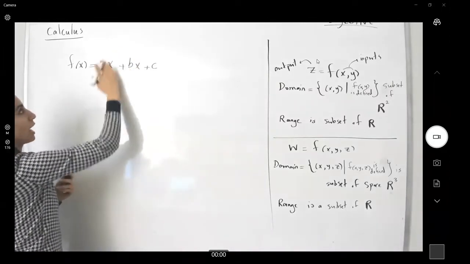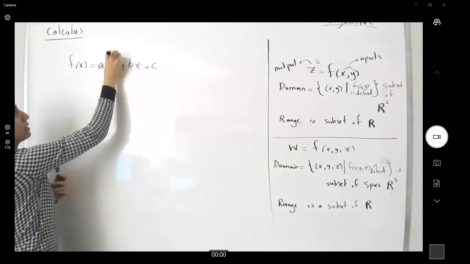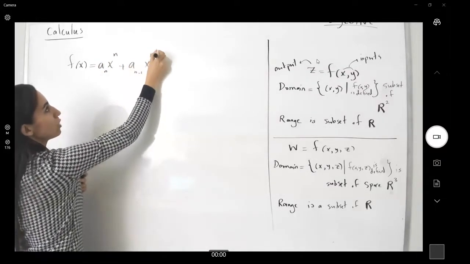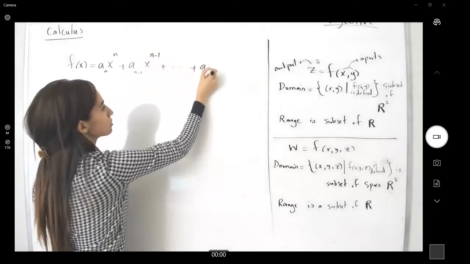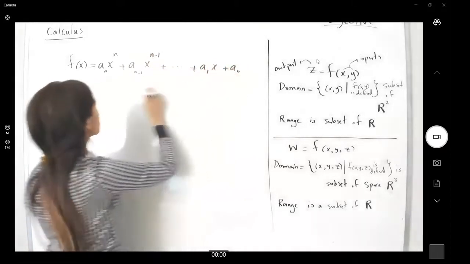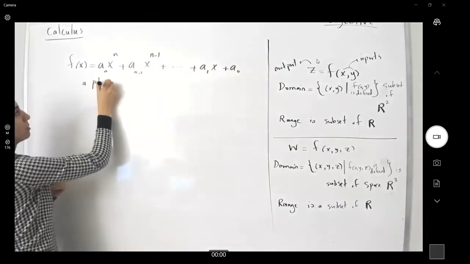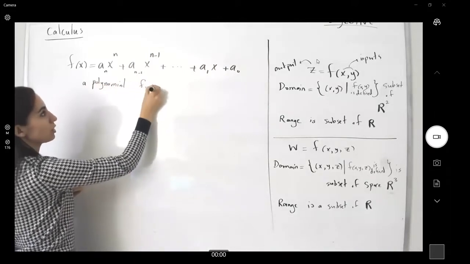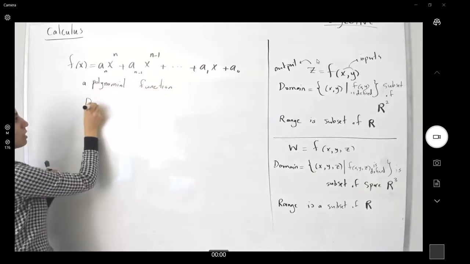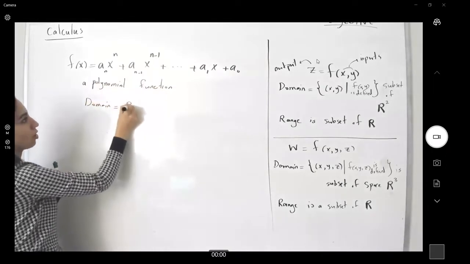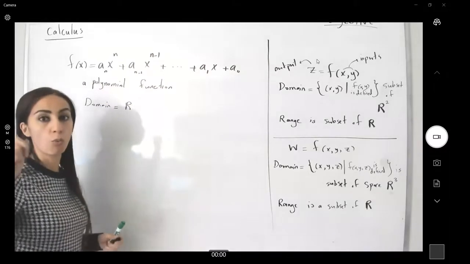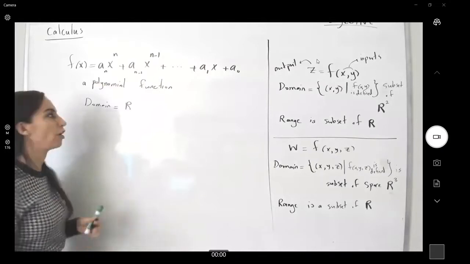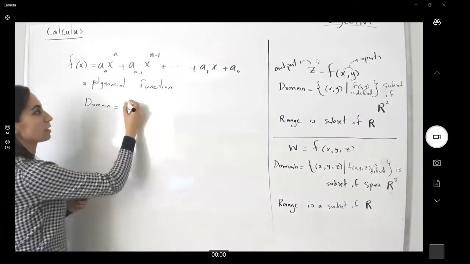So in general, if we have a sub n x to the n plus a sub n minus 1 x to the n minus 1 plus the rest of the terms, a sub 1 x plus a sub 0, a polynomial function, then the domain is everything. The domain is R. Remember that this function has only one free variable. So the domain is a subset of R. In this case, the domain is equal to R itself.